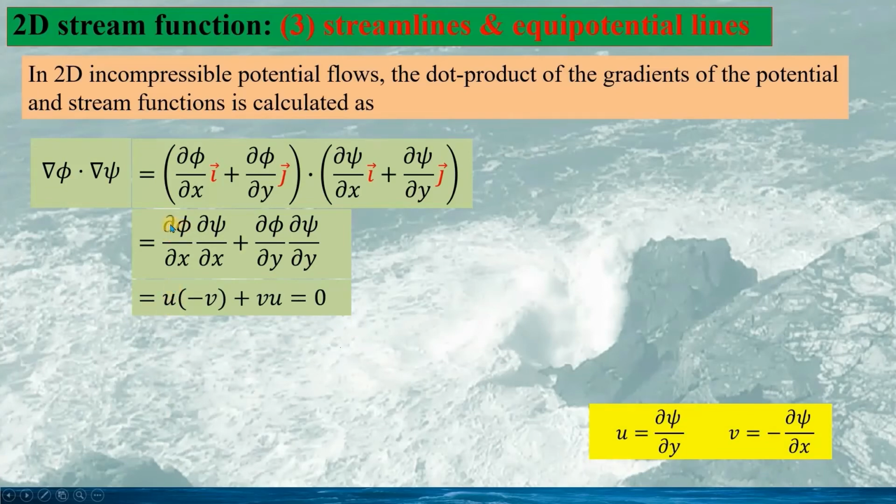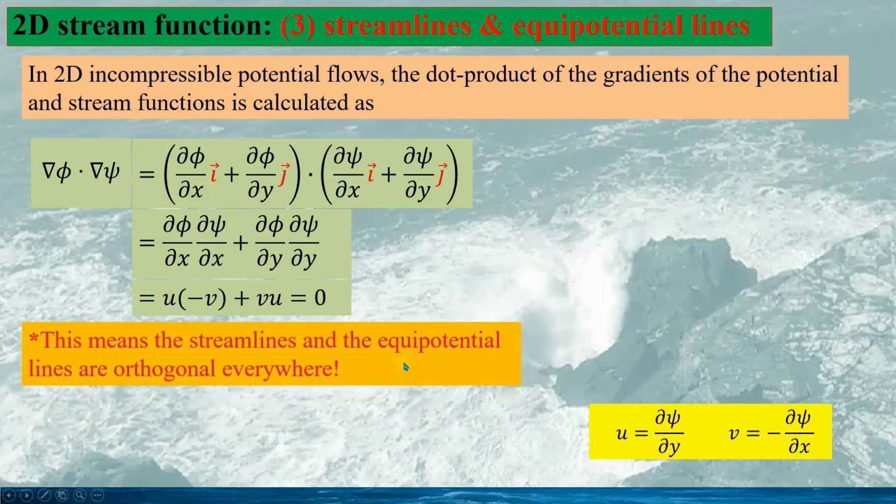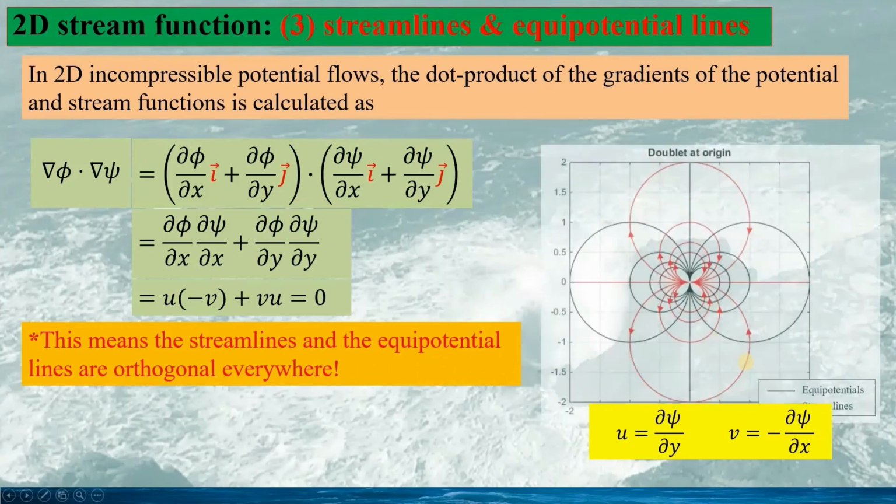The partial differentiation of phi with regard to x is u, and the partial differentiation of psi with regard to x is minus v, and this would be v times u. So we can see this dot product of the gradient of the potential function and the stream function is identically 0. This means the streamlines and the equipotential lines are orthogonal everywhere.